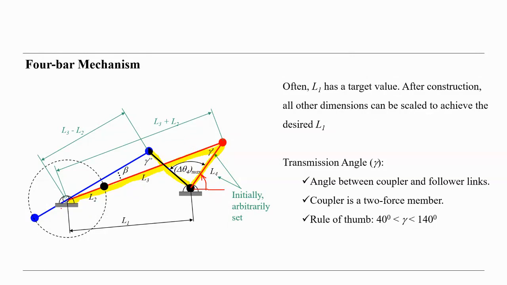For the blue one, you see L2 and L3 are also in line, but the length is L3 minus L2, because here is L2, and the total length is L3, so the length in between is L3 minus L2.